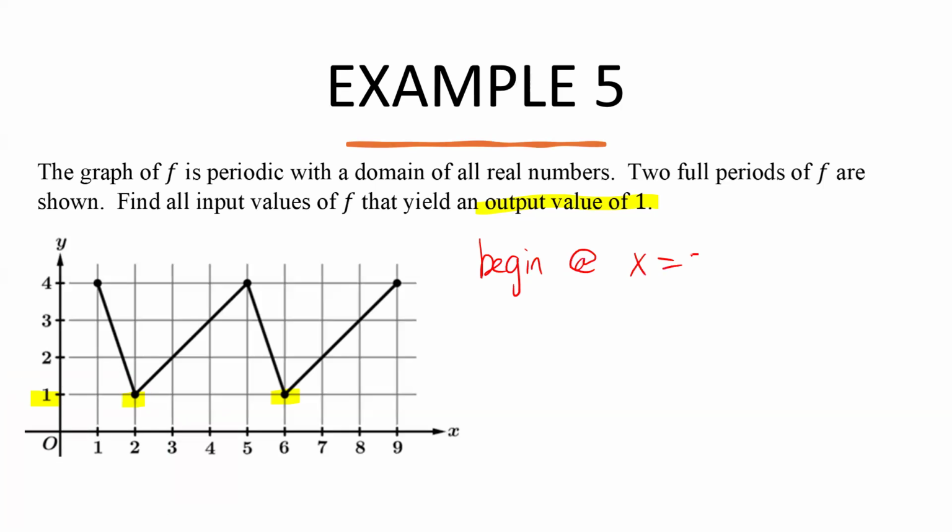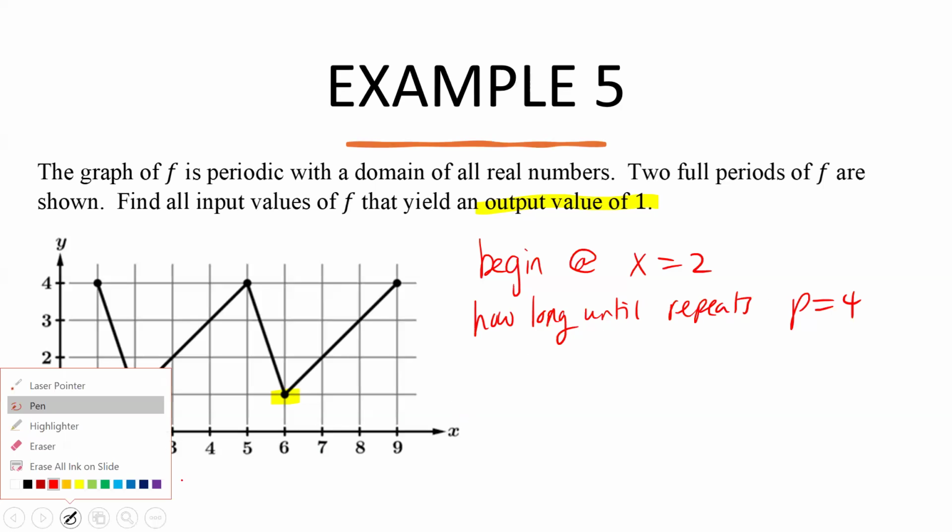At x equals 2. And then how long till it comes again? Until it repeats, and it's at 4, right? So our period equals 4. Does that make sense? These are the two things you need.